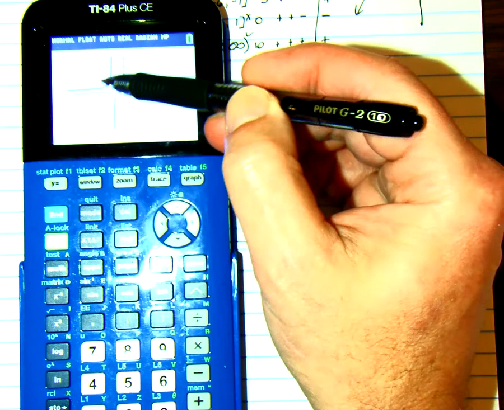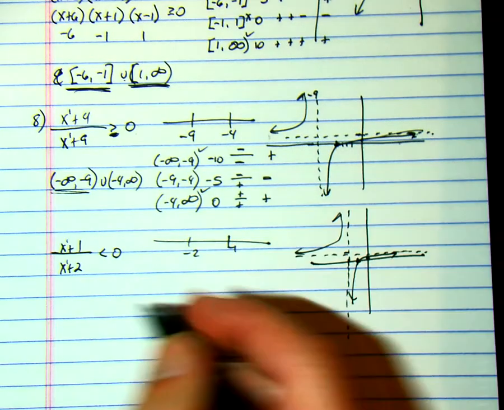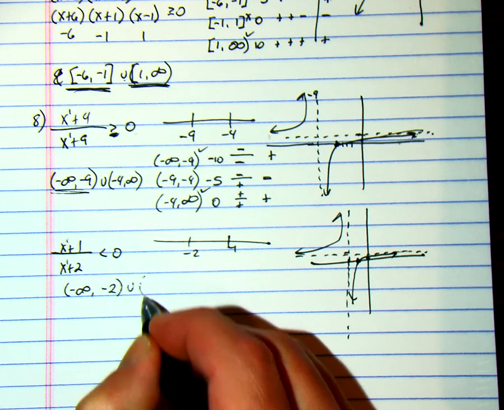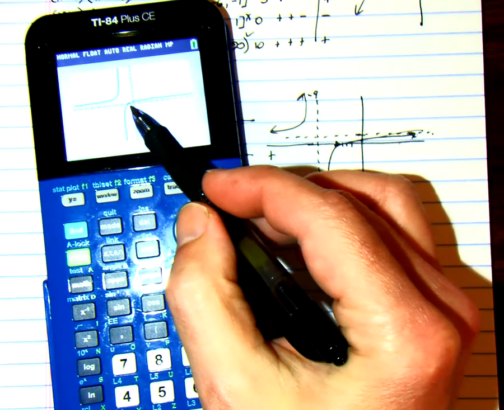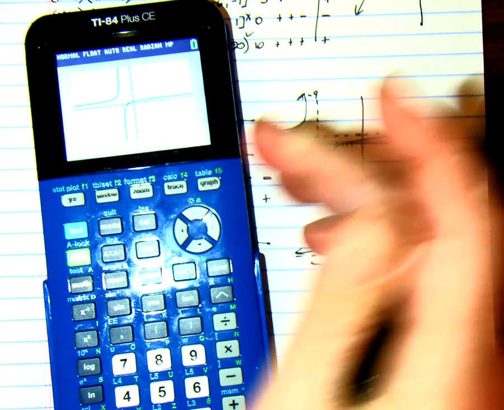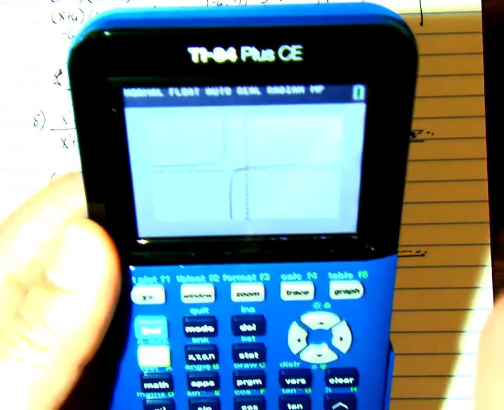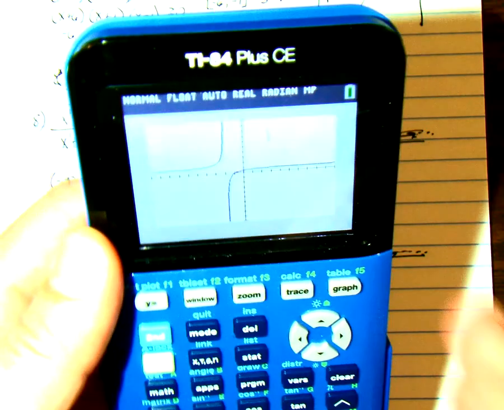This part right here is above 0, so that's why my answer is going to be -infinity to -2. We're going to union that with, because from here to here, we're looking at my graph, from -1 on, it's above the x-axis. From -1 to infinity.